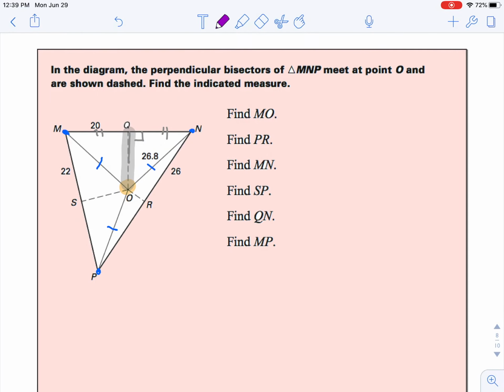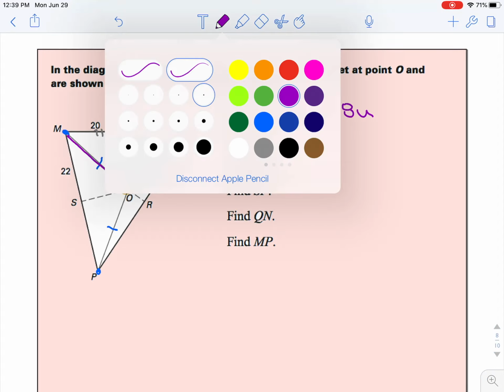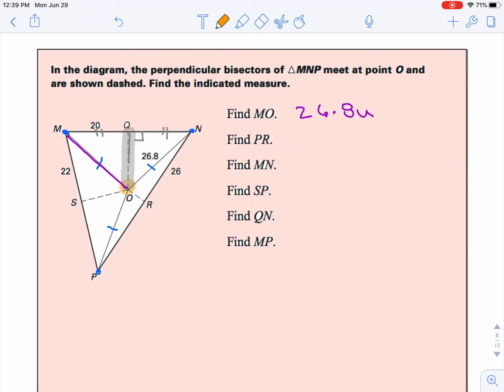So now the first thing I want us to find is MO. So MO is this distance from here to here. Well, it's the same as ON. So it is going to be 26.8 units. Now they want us to find PR. So PR is this distance right here.